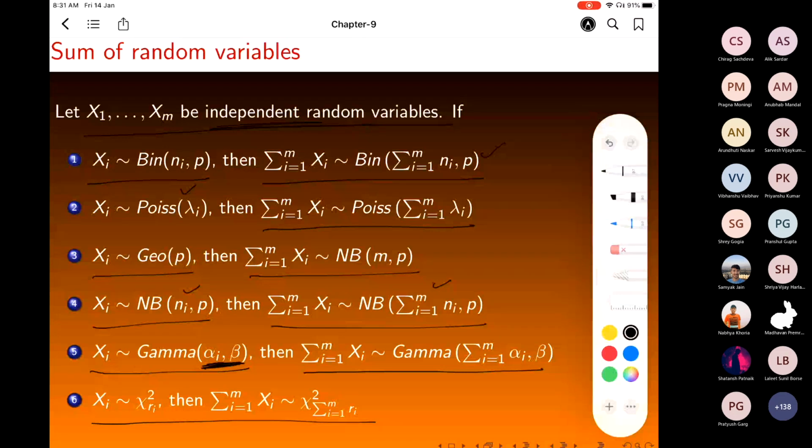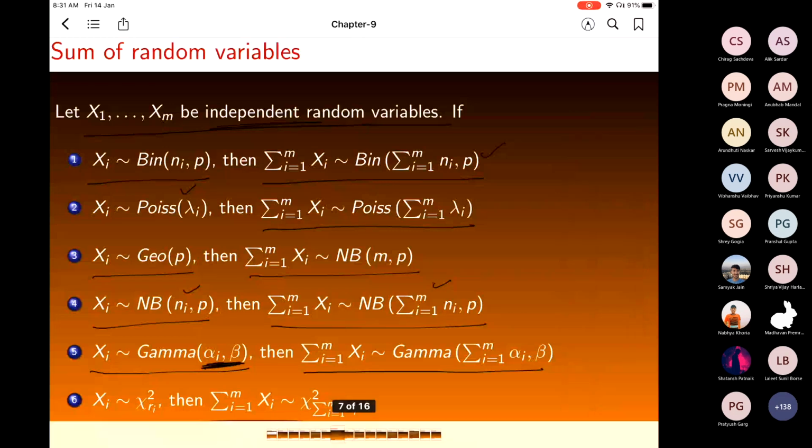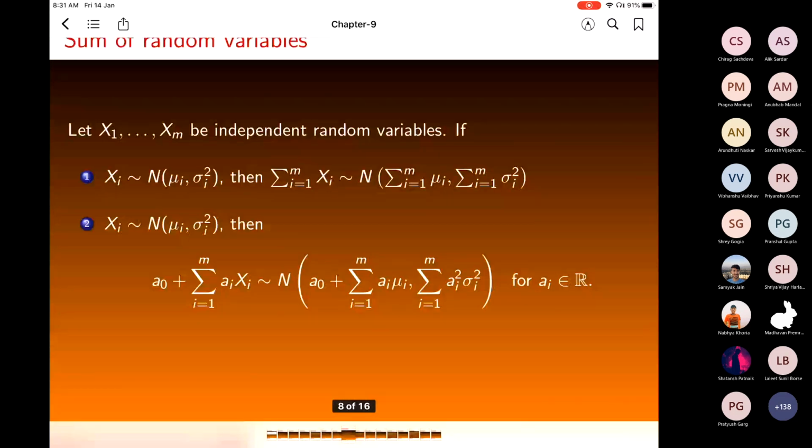So the density is lambda raised to power alpha divided by gamma alpha, e raised to power minus lambda x, x raised to power alpha minus 1. So alpha will be the same and lambda will be 1 by beta, as we usually take in some books.